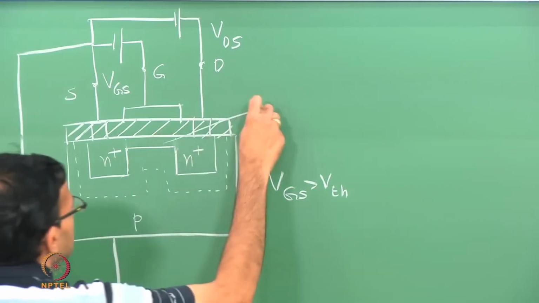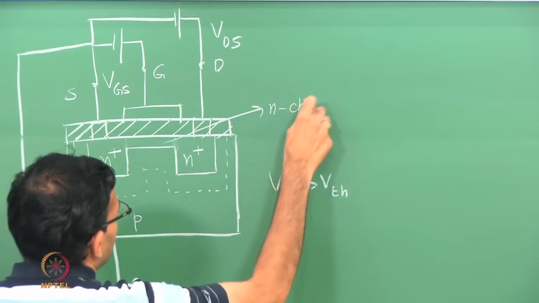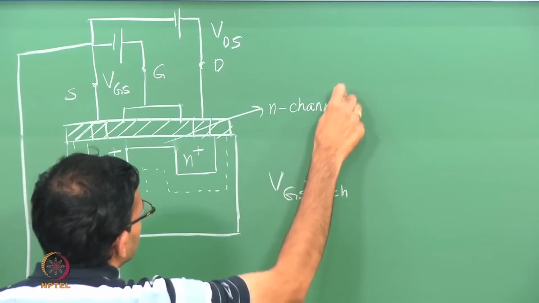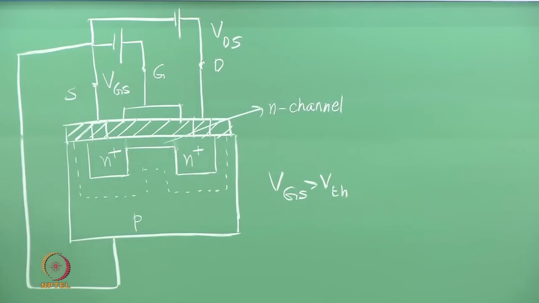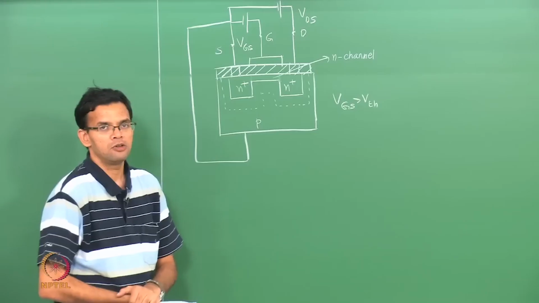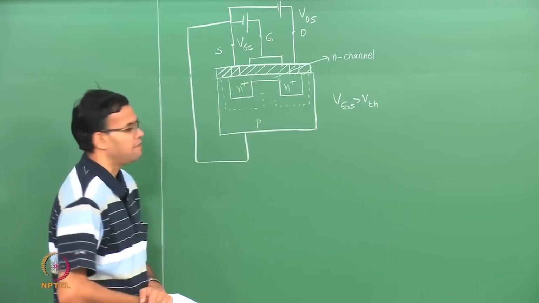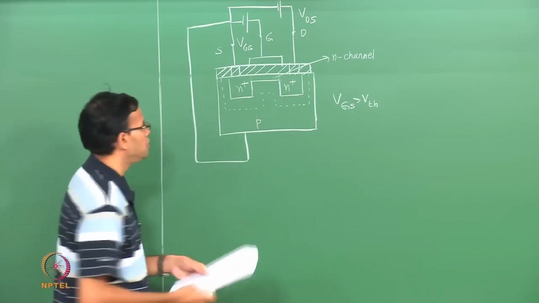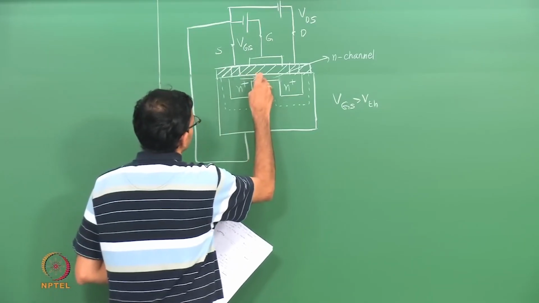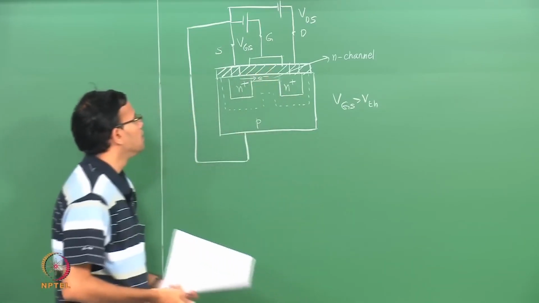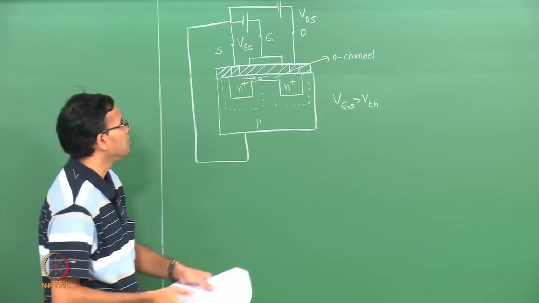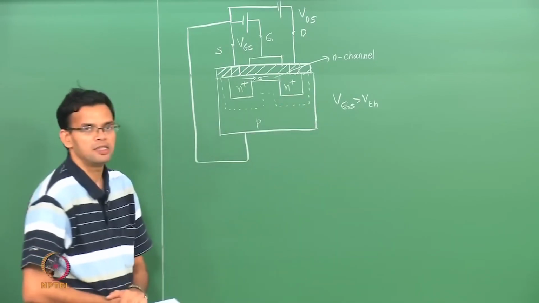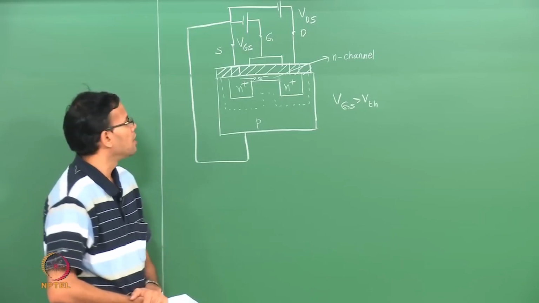This one is your N channel, and the N channel forms because my gate source voltage is above V threshold. So, now I can have electrons flowing from the source to the drain, and the electron flow is because we have a positive potential applied to the drain compared to the source.